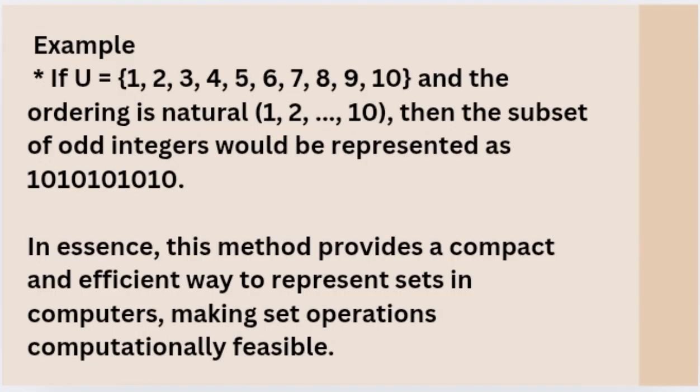For example, if U is the set {1, 2, 3, 4, 5, 6, 7, 8, 9, 10}, and the ordering is the natural order 1, 2, up to 10, then the subset of odd integers would be represented as 1 0 1 0 1 0 1 0 1 0.